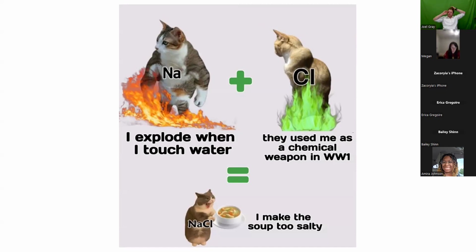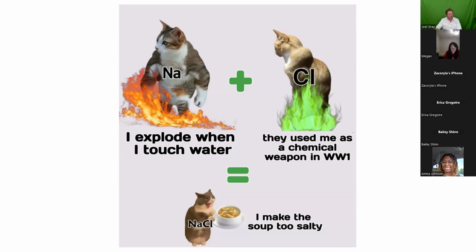So this captures to me the coolness about chemistry. In one form, sodium is extremely violent. In another form, chlorine is extremely violent. But with their powers combined, they basically make nothing, which is just kind of funny and ironic to me.